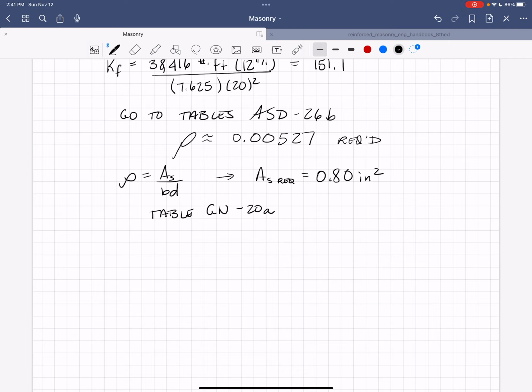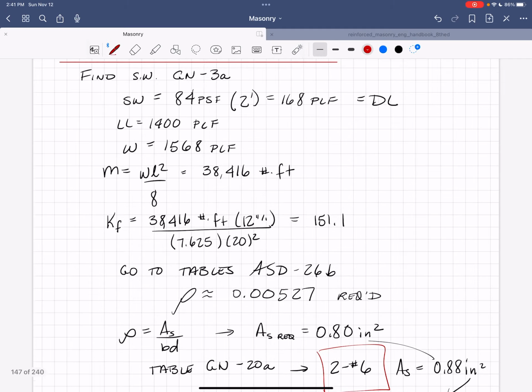Or I also know, off the top of my head, that number 6 bars are 0.44, but either way, I can look at two number 6s, and that gives me an area of steel of 0.88 inches squared, right? So that's greater than 0.8, and that gives me my answer for flexure. So this is the steel reinforcement required for this one. That's it. So it's pretty quick.